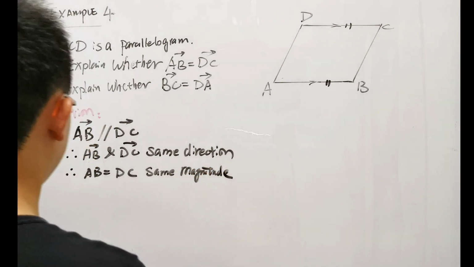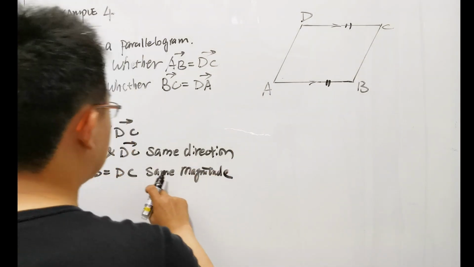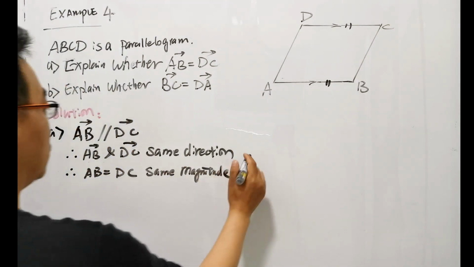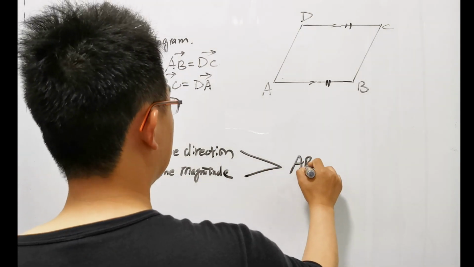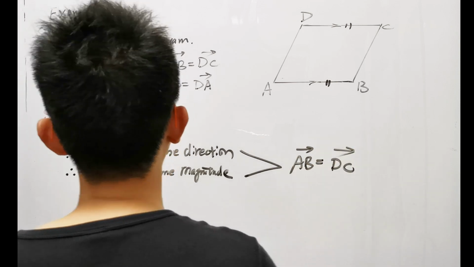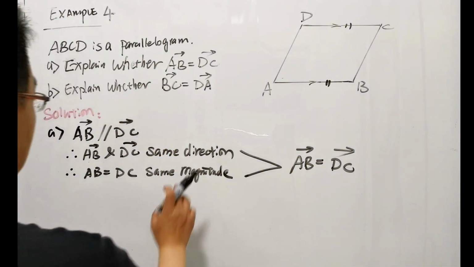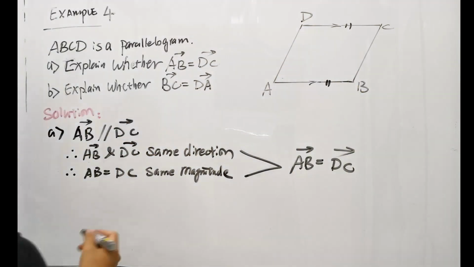So with the same direction and same magnitude, we can easily come up with AB equals DC, right? Because they have the same direction and same magnitude.